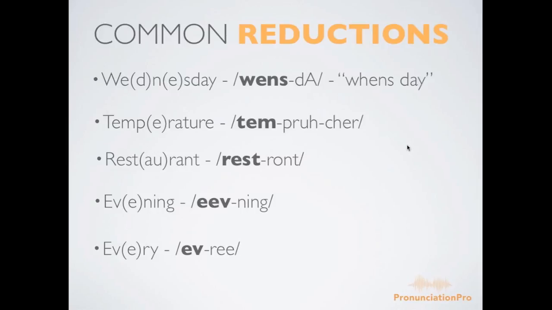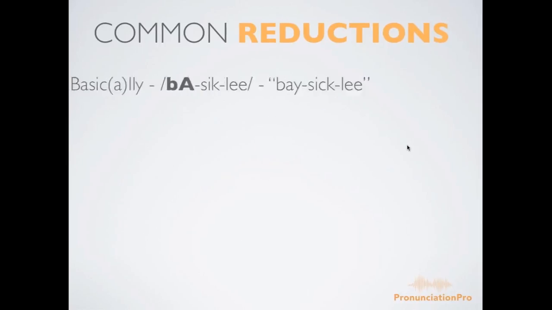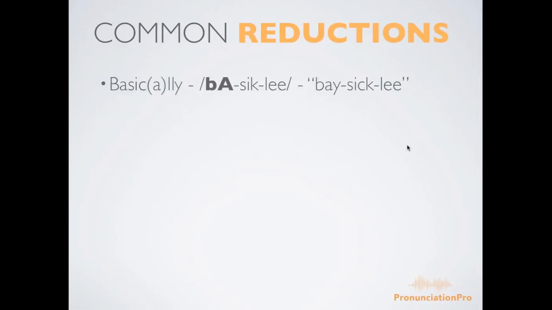Every. Okay, good. Let's do some more because these are very common words in English. So really practicing these specific words will be very helpful for you as you are speaking so that you can get that native pronunciation in a lot of these words.